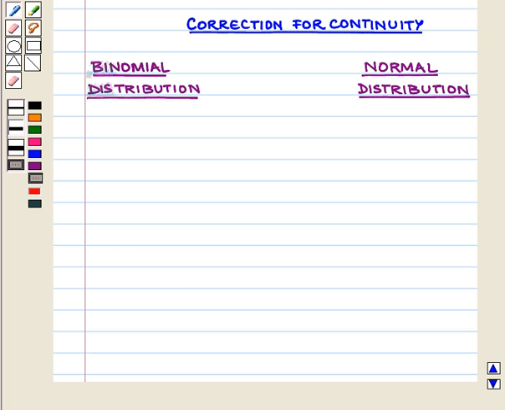Let us now discuss correction for continuity. Binomial distribution is a discrete distribution and normal distribution is a continuous distribution.